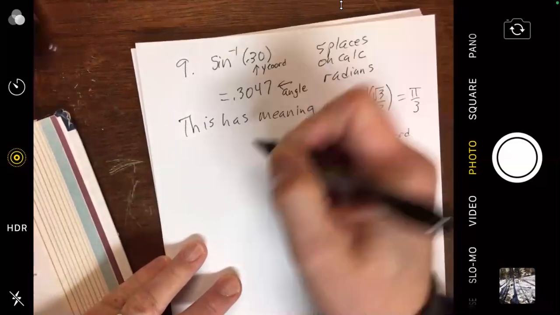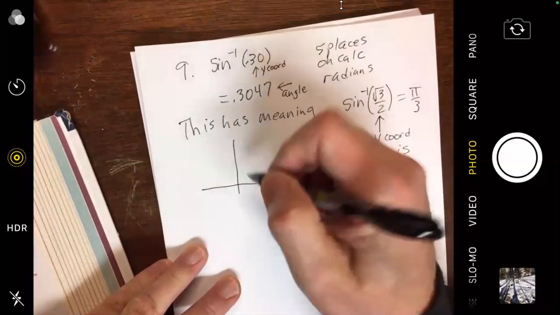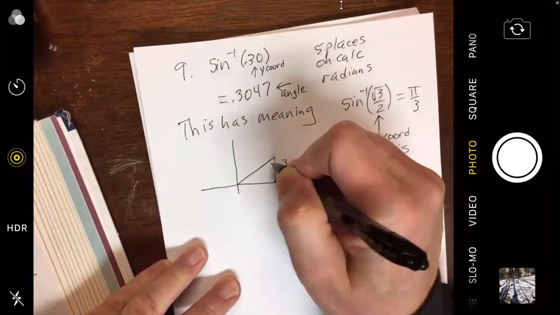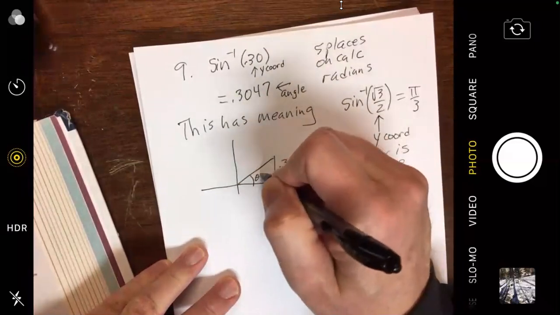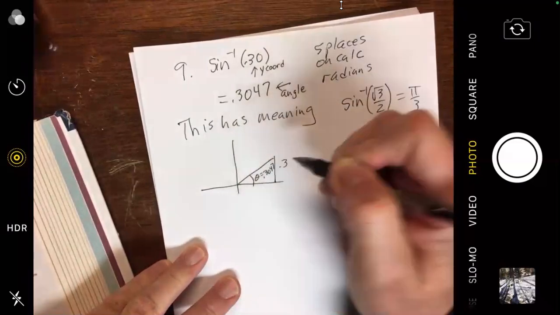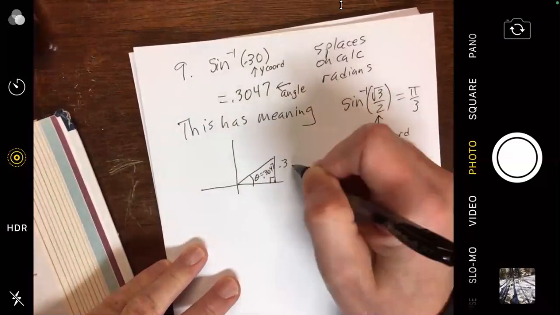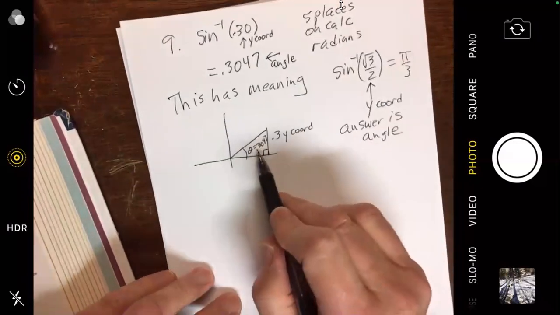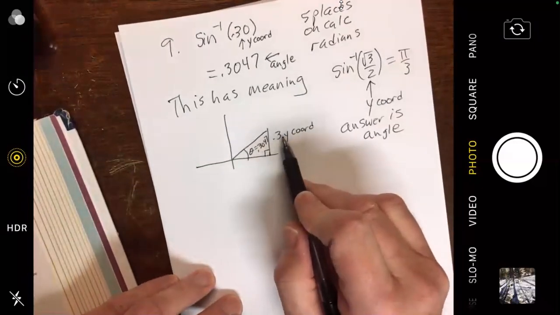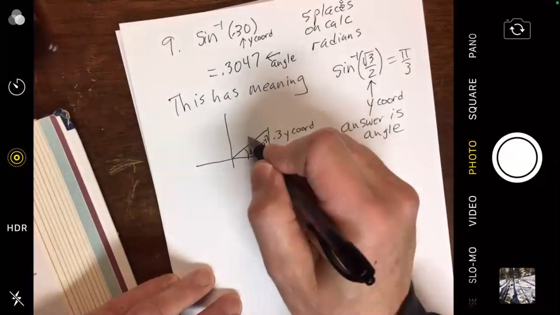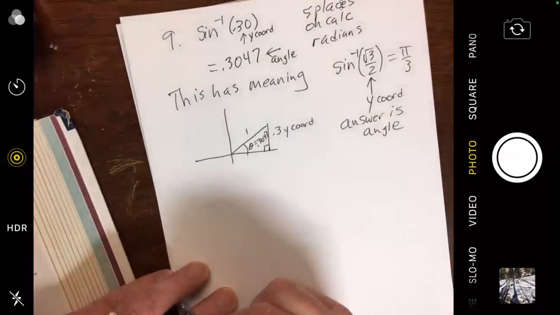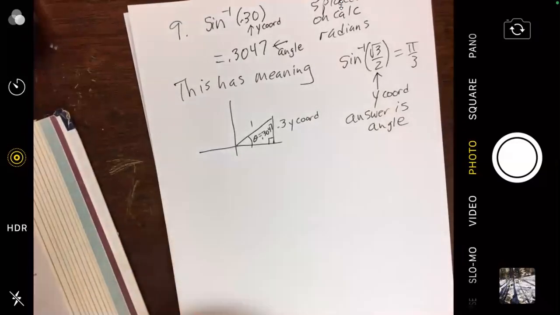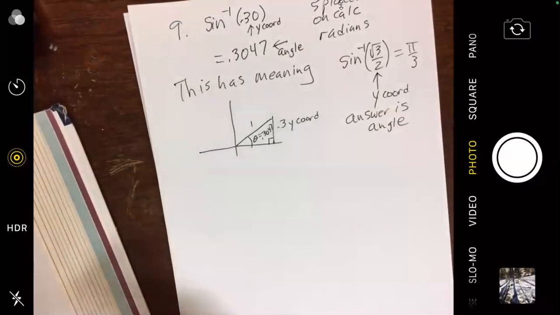Here it's simply saying 0.3 is the y coordinate, so up here, 0.3. Your angle is 0.3047 radians. The numbers look really similar, and this is your y coordinate. So you have found the angle in radians with a y coordinate of 0.3. Remember, your hypotenuse is 1. It makes perfect sense to me.